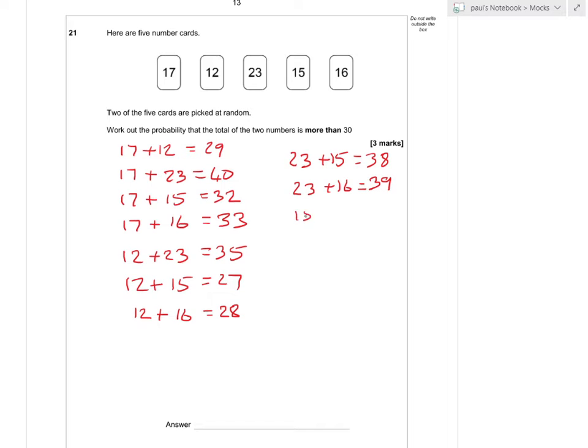And last one, 15 plus 16 is 31. So work out the probability that the total of the two numbers is more than 30. So 1, 2, 3, 4, 5, 6. That was 31, wasn't it? So you've got 6 out of 1, 2, 3, 4, 5, 6, 7, 8, 9, 10. 6 out of 10?